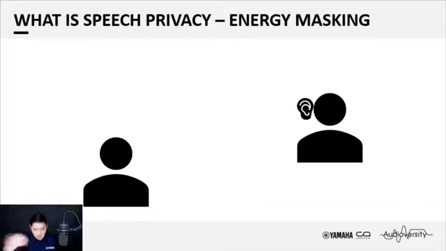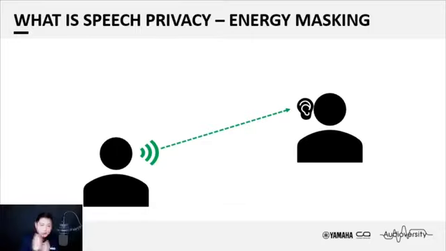So let's talk a bit about the science. Energy masking. What is it? Let's say we have two people having a conversation. The guy on the left is talking and the guy on the right is listening. This is how sound normally travels, from the mouth to the ears.